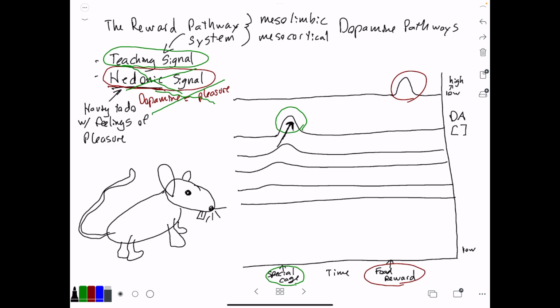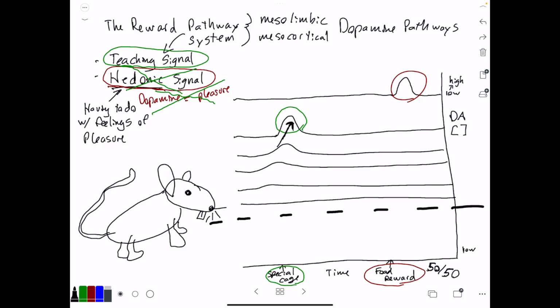Now, what if we were to do a different set of experiments here? What if, instead of the food reward every time, we make it 50-50. Sometimes there's no reward, half the time.